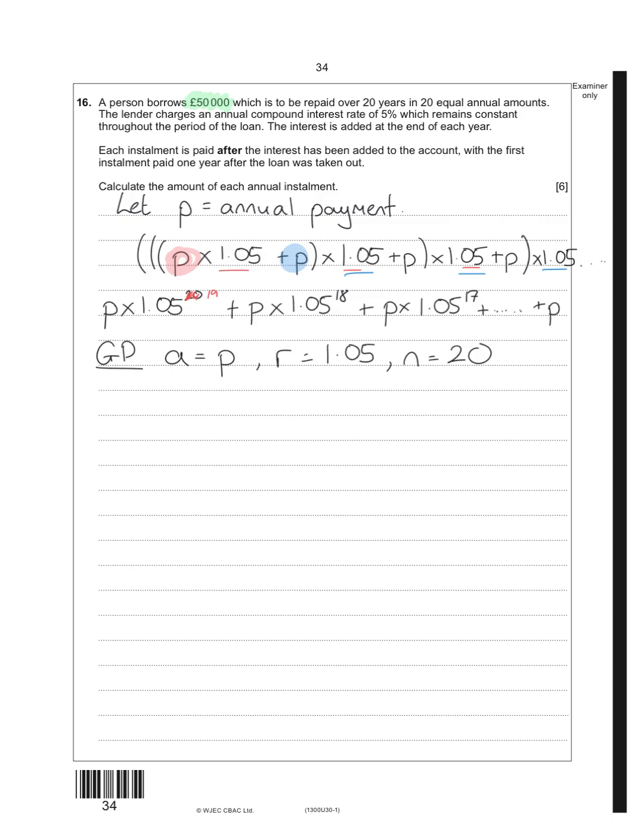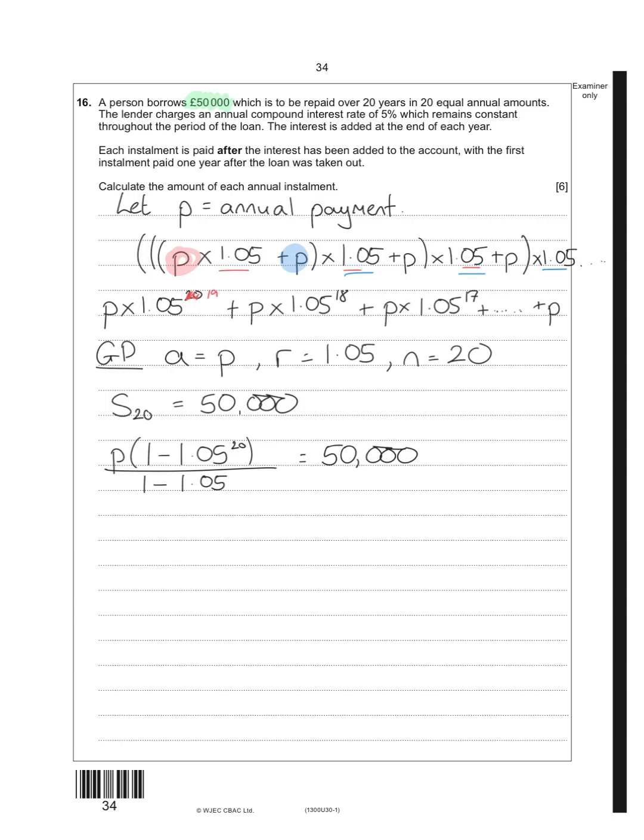Remember the sum of the first 20 terms of a GP is going to be, well, you've got the formula in your formula booklet, A times (1 minus r to the n) over (1 minus r), and so that's got to be equal to 50,000.